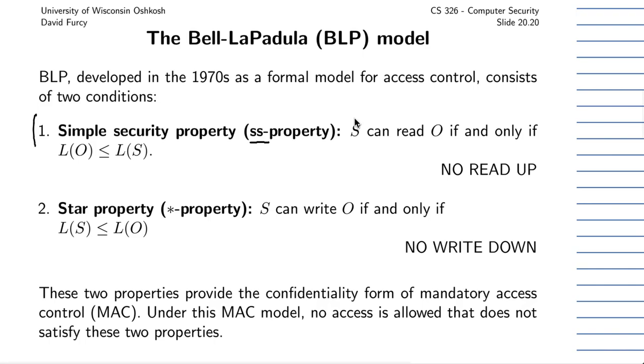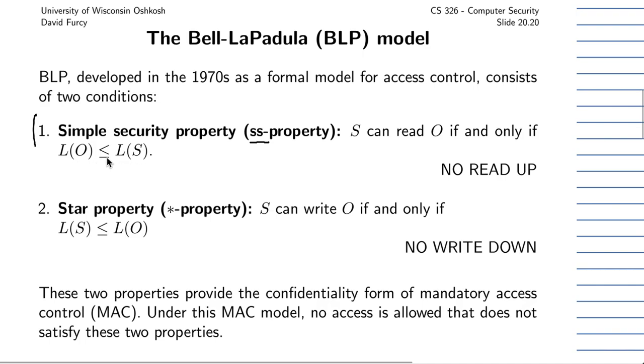Remember that we're dealing with subjects, or users or processes, and objects, that is, resources or documents. And here we're going to assume that a subject is able to read a particular object, a particular document. So the SS property is that if this is the case, then it must be the case that the security level of the object is less than or equal to the security level of the subject.